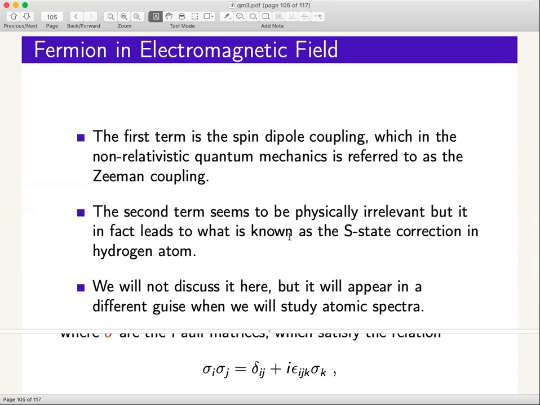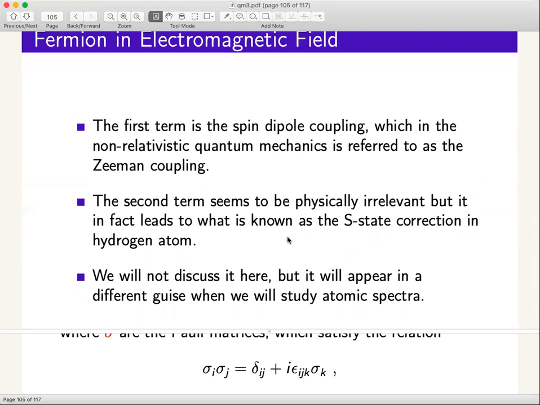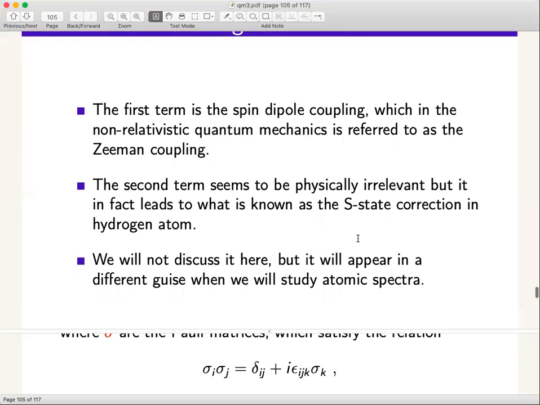We will not discuss this here, because doing this manipulation would fill up about 6-7 slides for me. It is a longish manipulation, but when we study atomic spectra, we will get this S state correction effect in a different guise. When we get that term, I will point it out to you that this is something which we did not look at at that time, but now we see it.